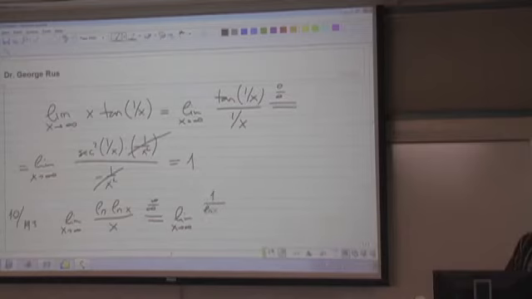One over ln of x times 1 over x, divided by 1, right? And what is 1 over infinity? Zero times 0 over 1, which equals 0, right? Is that making sense?